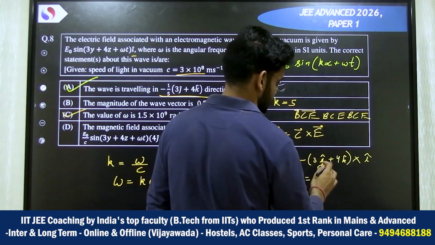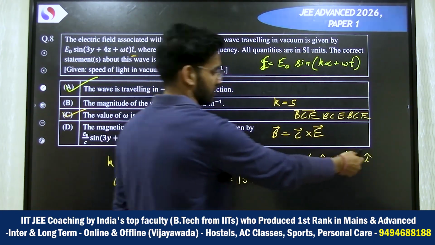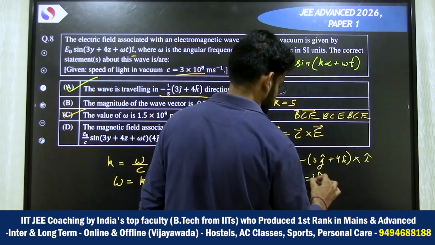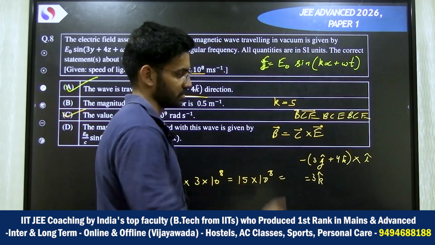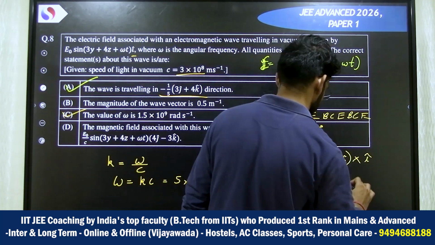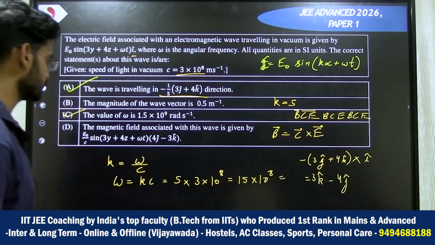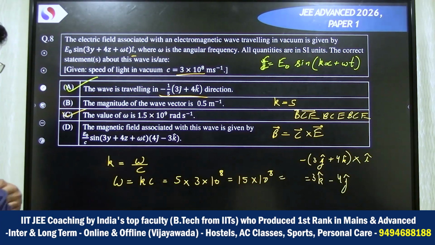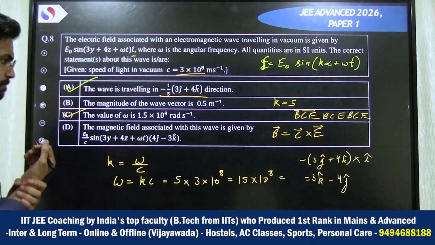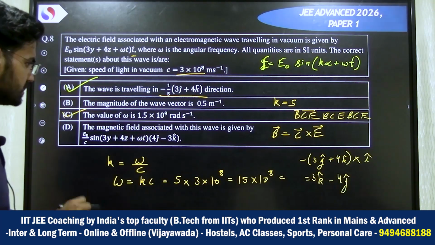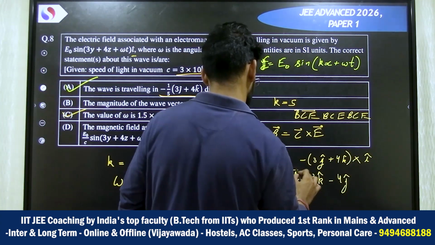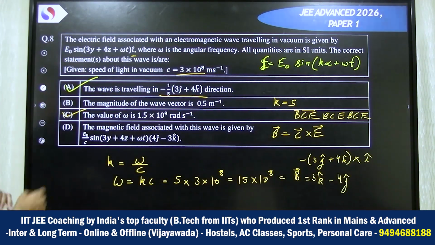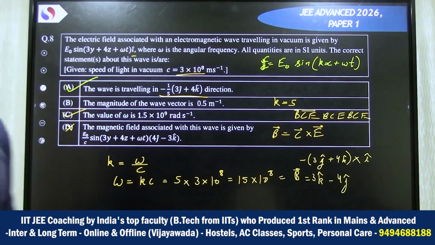So this will be j cross i, or with the negative, i cross j, that will be k cap. So 3k cap, and then k cross i will be j, and minus is there, so minus 4j cap. So 3k cap minus 4j cap, and E naught by C will be there. Here it is written 4j cap minus 3k cap. So this will be the magnetic field direction, I think. So I think D option is not okay. Okay, fine, that's it.